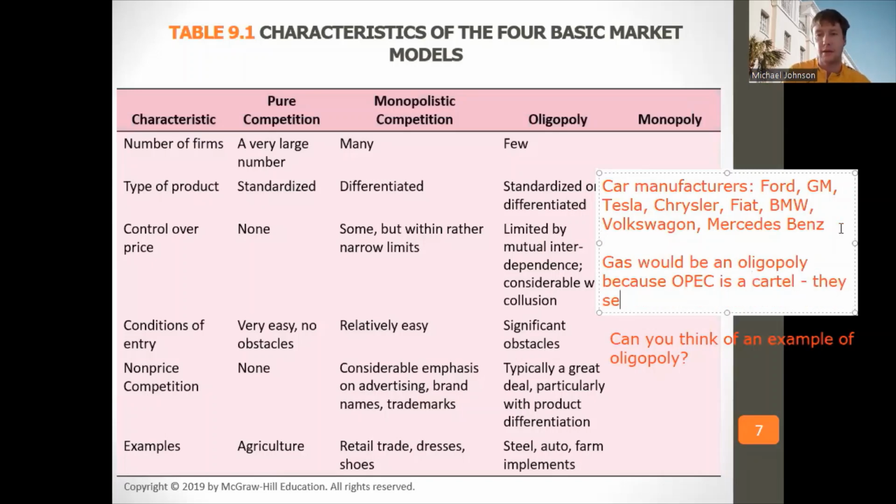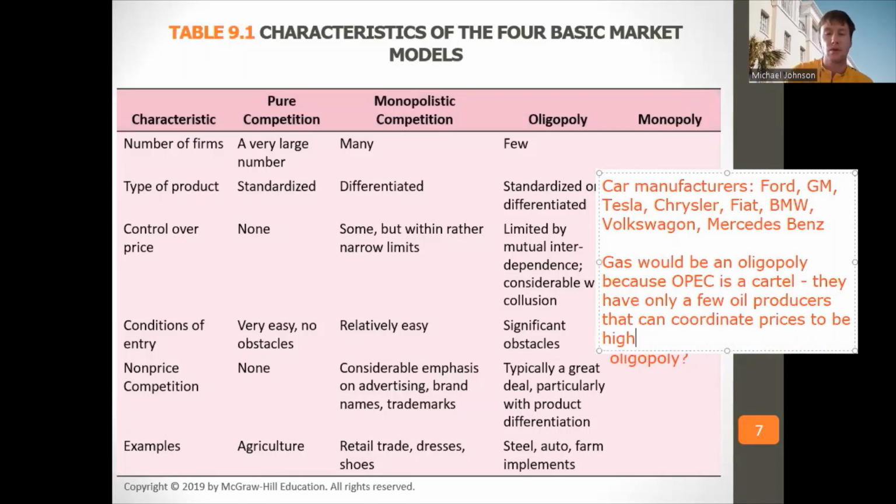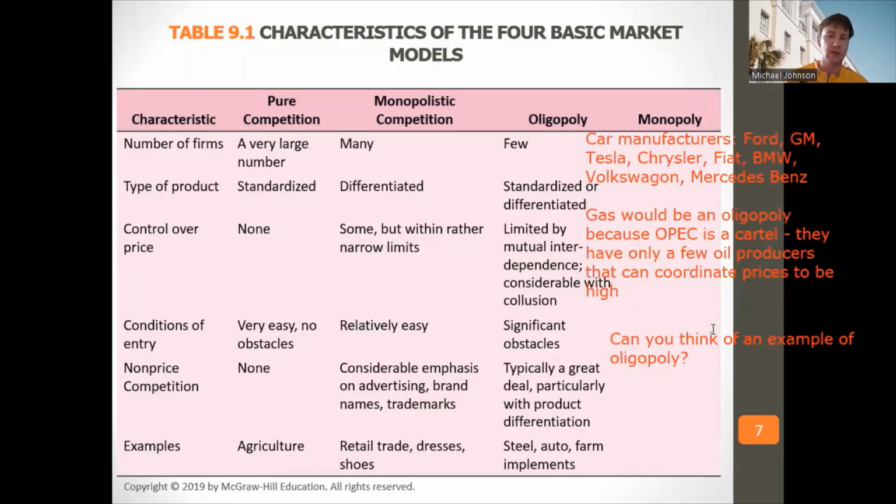They have only a few oil producers that can coordinate prices to be high. So it is an oligopoly just because of OPEC. Christopher's right, because energy companies would also mean gas as well.